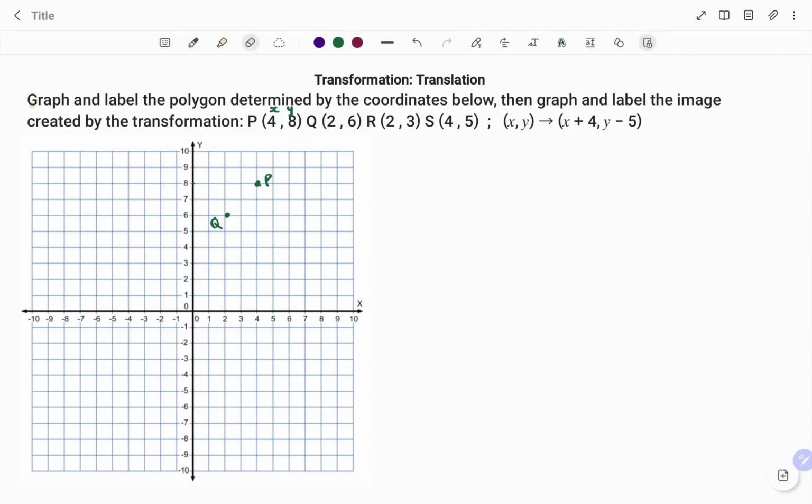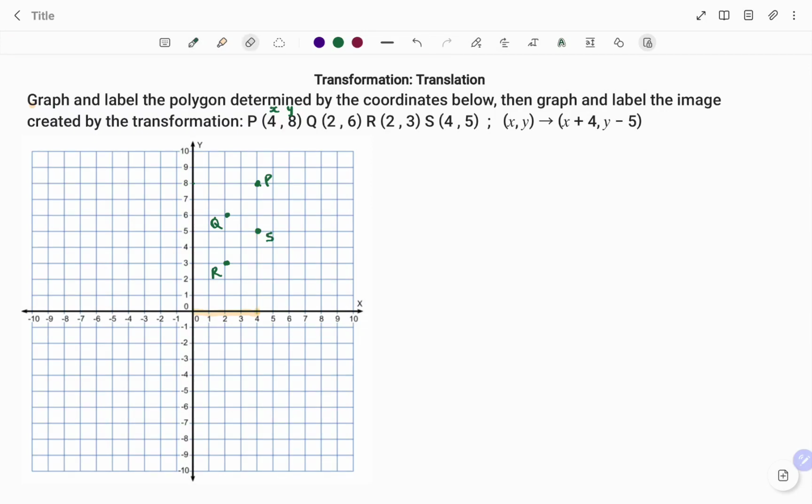Starting from the origin, I'm going to trace on my x-axis to 2, and then I'm going to go up 3 spaces on the y-axis to 3, so I have that as my point R. The last point to plot is my S. S is (4, 5). So that's x value 4, I stop at 4, then 5, because it's positive 5, I go up 5 spaces, such that I have my point S.